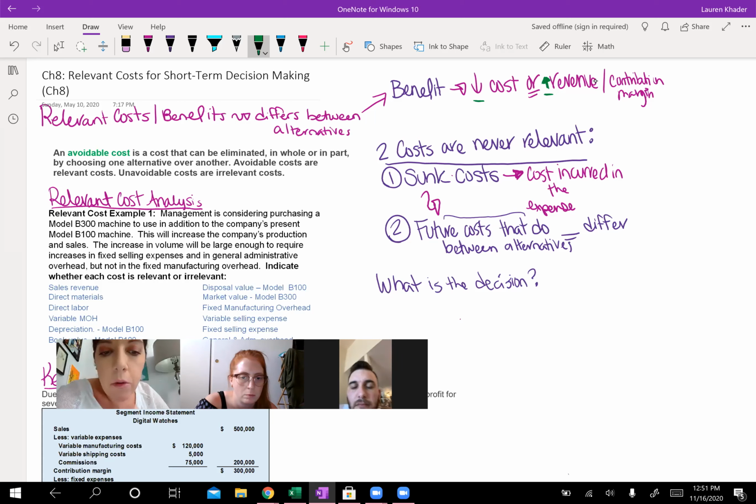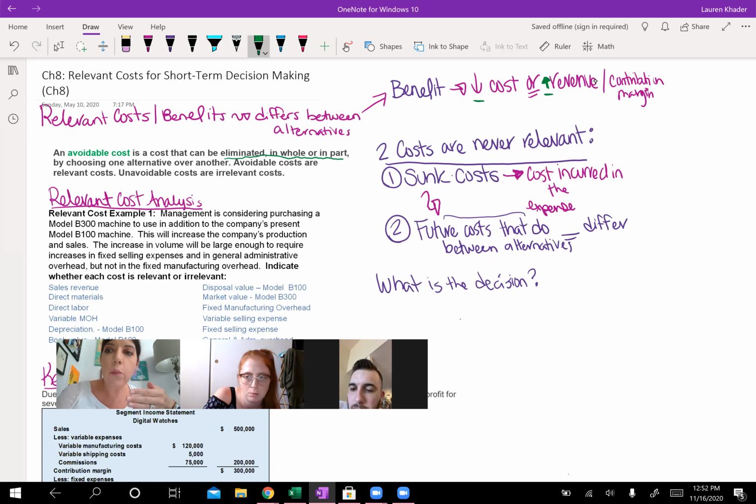An avoidable cost is a type of relevant cost. An avoidable cost is a cost that can be eliminated in whole or in part by choosing one alternative over another. It is relevant to the decisions at hand because in one scenario, we can remove this cost.